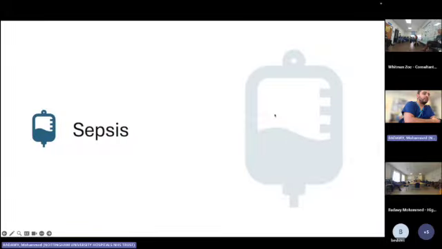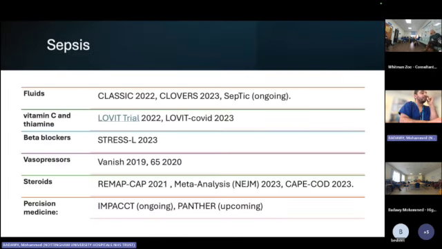Right, so sepsis has always been a hot topic for research, with lots of questions about it because of how important it is, how frequently we see septic patients in ICU, and the significant mortality that comes with it as well. We don't know much, or there's not strong evidence about lots of things in terms of sepsis. So there are lots of recent and ongoing trials to answer a few of the questions.